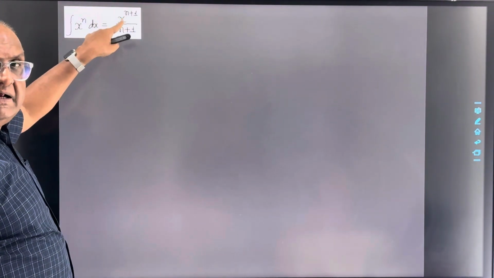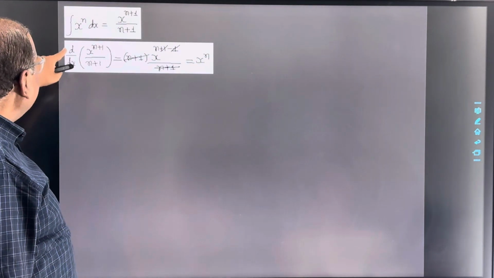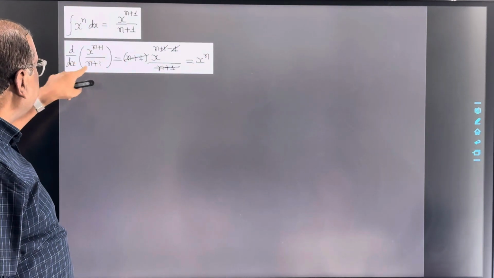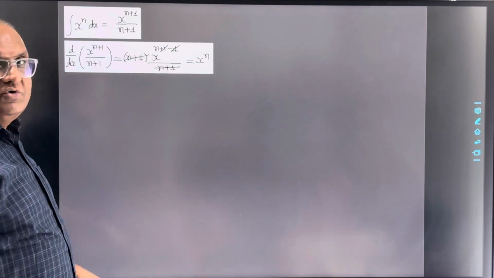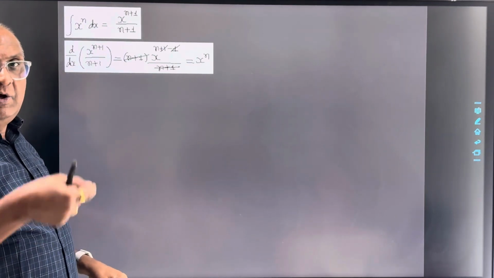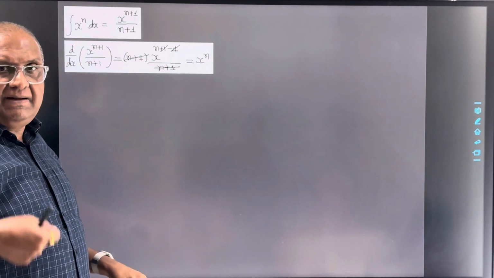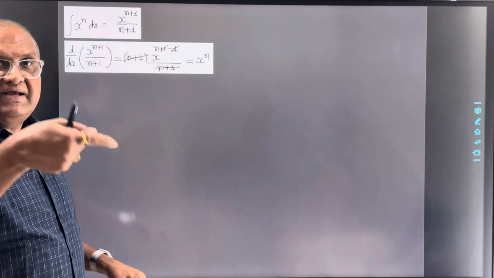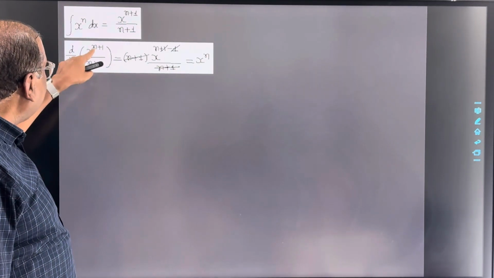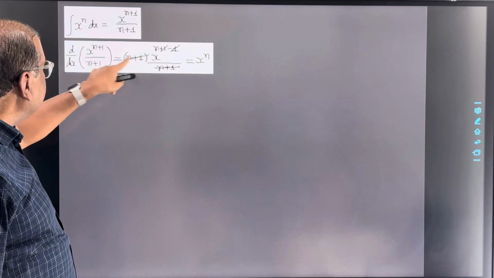Now this is your answer. If you take differentiation of this answer, d by dx of x raised to n plus 1 upon n plus 1. In differentiation what we do? We take the power in multiplication and the power is decreased by 1. So this power n plus 1 is taken in multiplication.